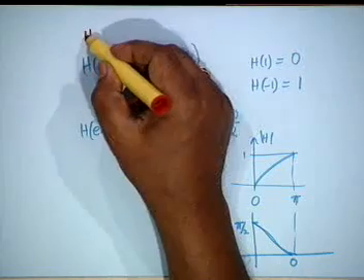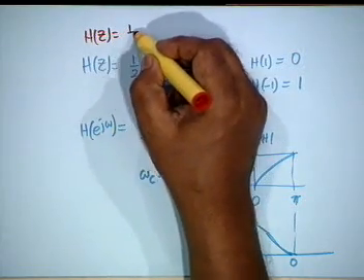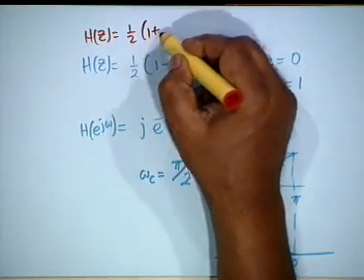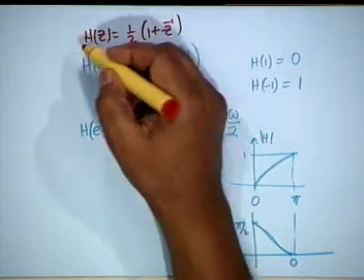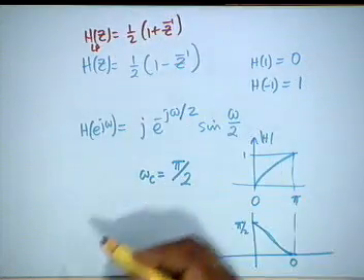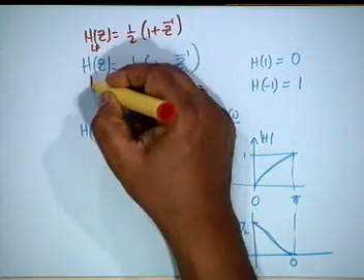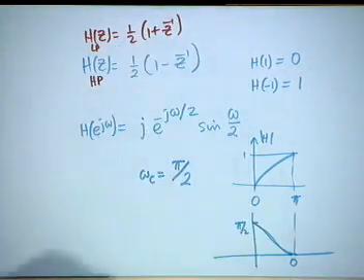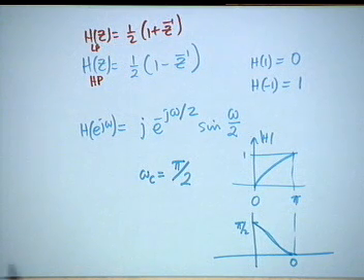One fact of great importance is the following, that H of z equal to half 1 plus z inverse was a low pass filter, but 1 minus z inverse is a high pass filter, and this is in general true.